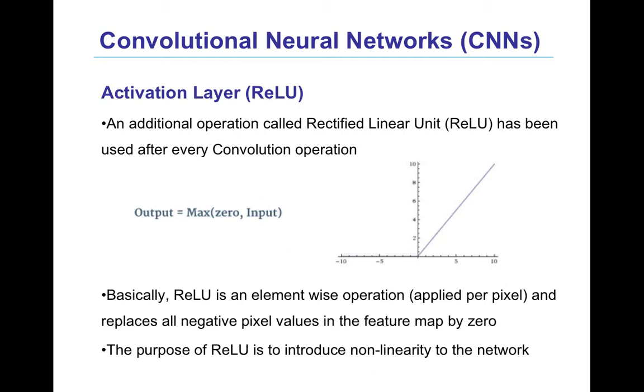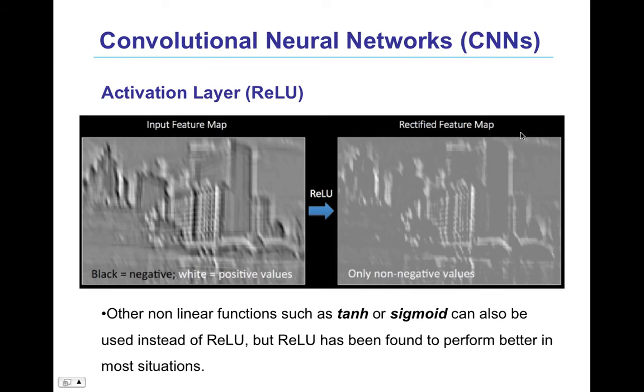The role of this function is to add some non-linearity to the network, and we are even discussing how simple this function is and how useful it is. Basically, what it's doing is ignoring all negative values, setting them to 0, and keeping all the positive values.